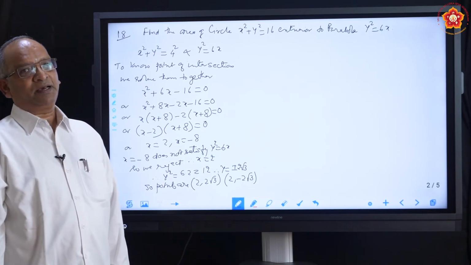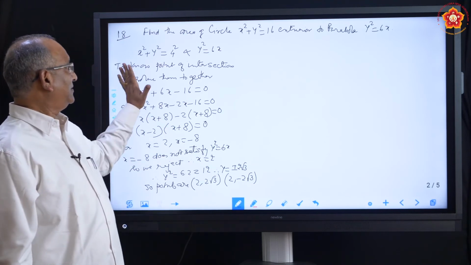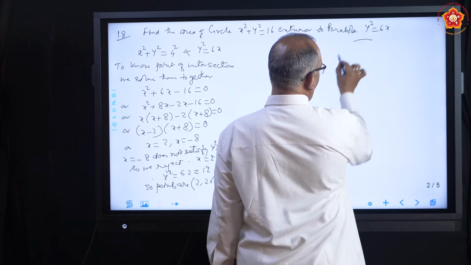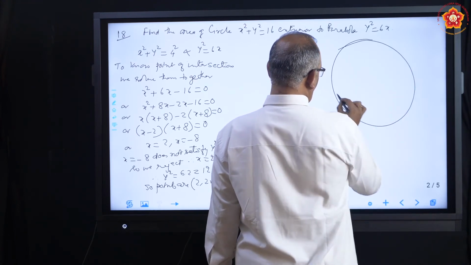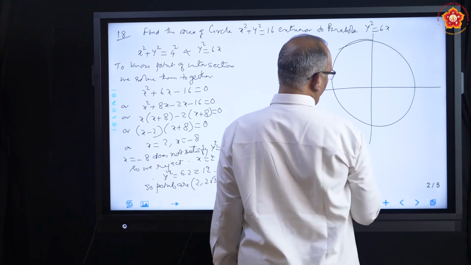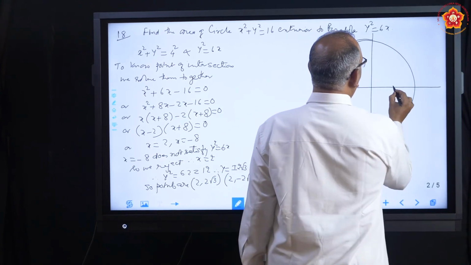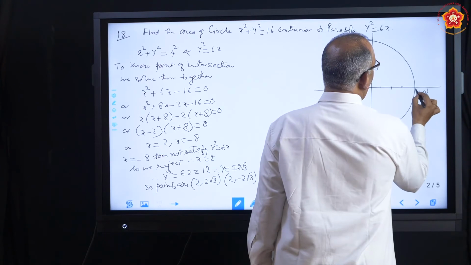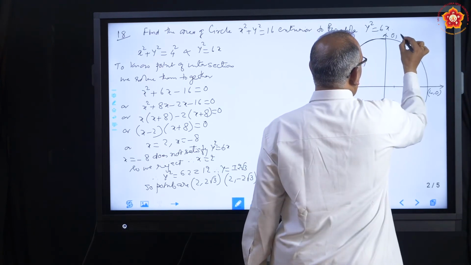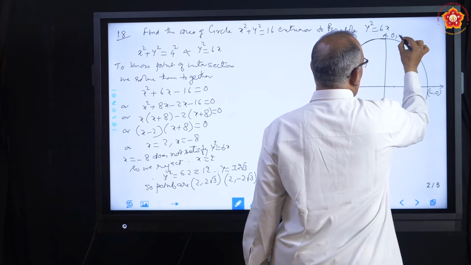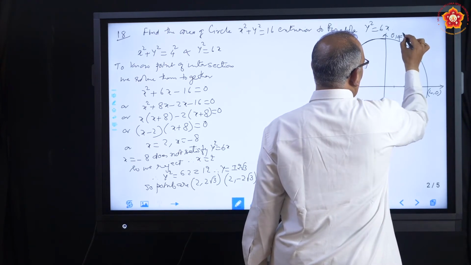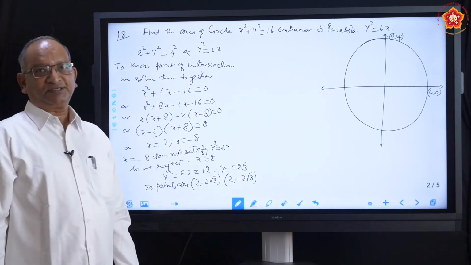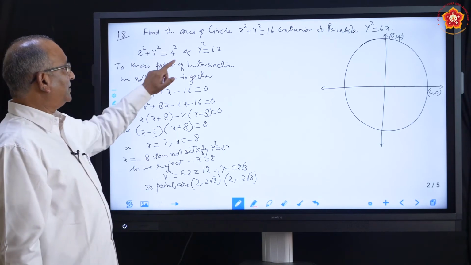Now draw the curves. One is a simple circle with radius 4. The point (4, 0). So this is the parabola, this is the circle. Now come to the parabola.